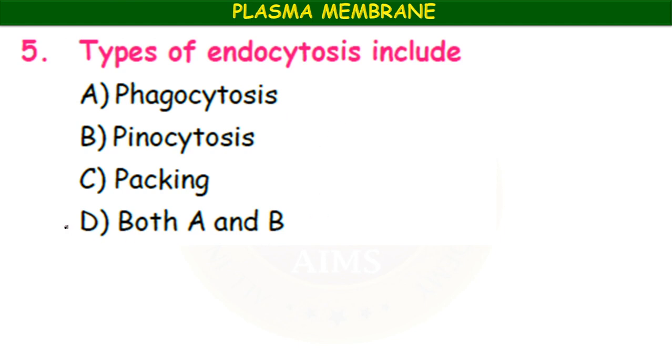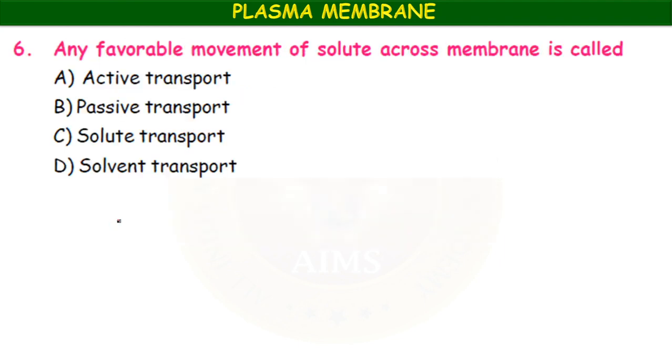So, endocytosis is of two types, phagocytosis and pinocytosis. Any favorable movement of solute across the membrane is called active transport, passive transport, solute transport, solvent transport. It is the passive transport.